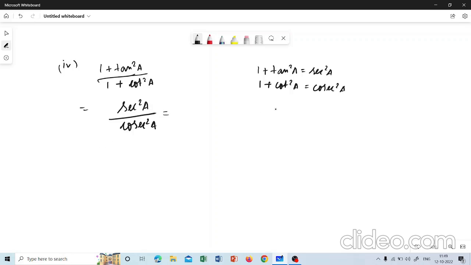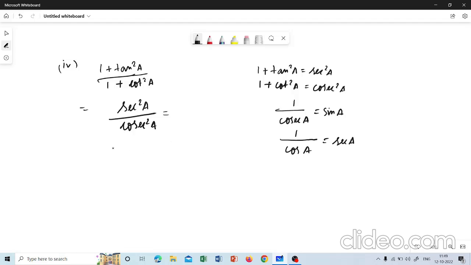We know that 1 by cosec A is nothing but sine A, and also, 1 by cos A is secant of A.